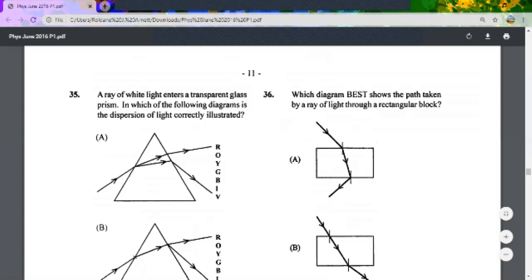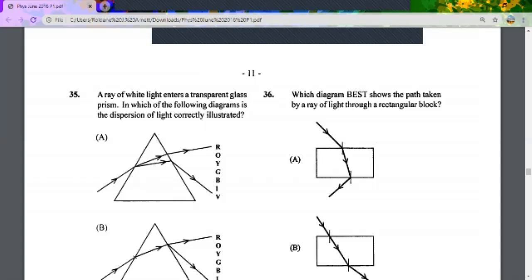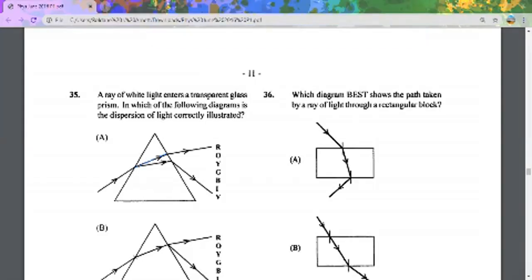The light enters here, starts to be split, and by the time the rays exit, you have the entire spectrum of the white light being exposed, with red being reflected with the least angle.